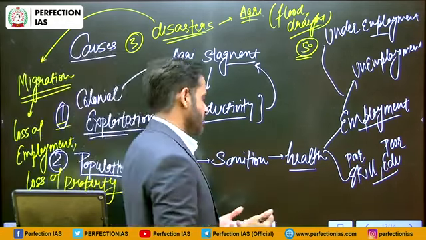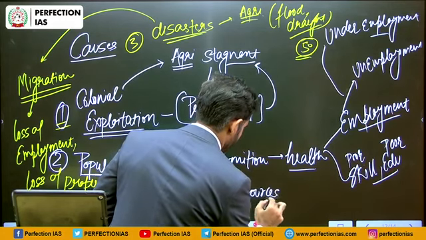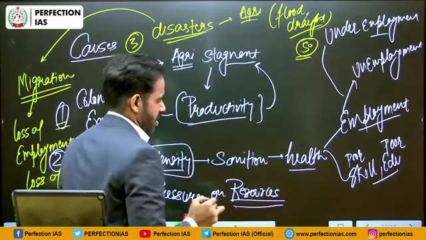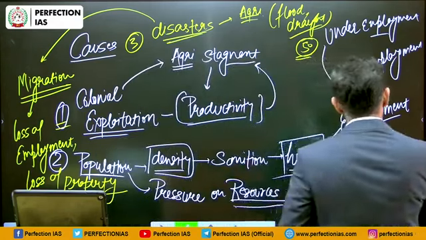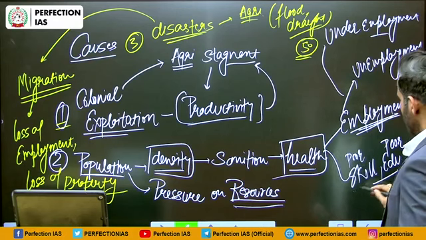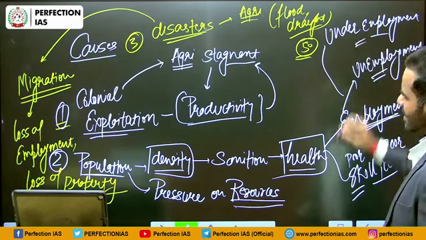Because of population there is high density. Apart from that, because of population there is a pressure on resources. It also leads to poor health infrastructure, poor employment opportunities, poor skill development, poor education, unemployment, underemployment.